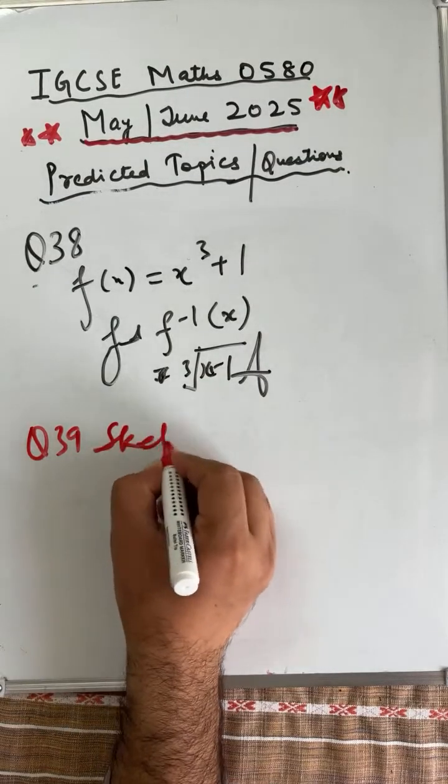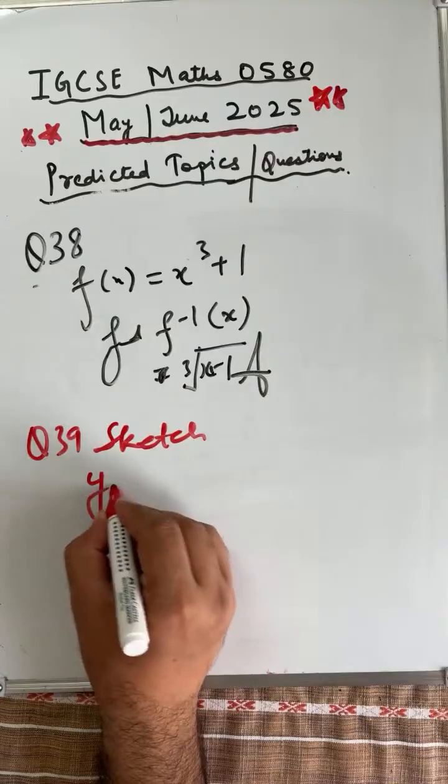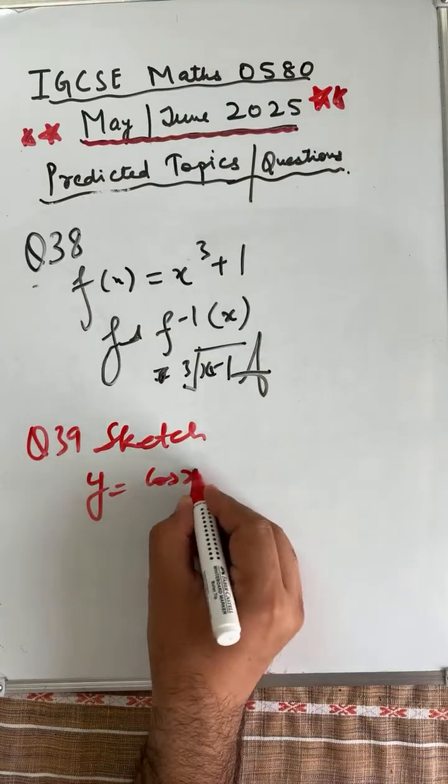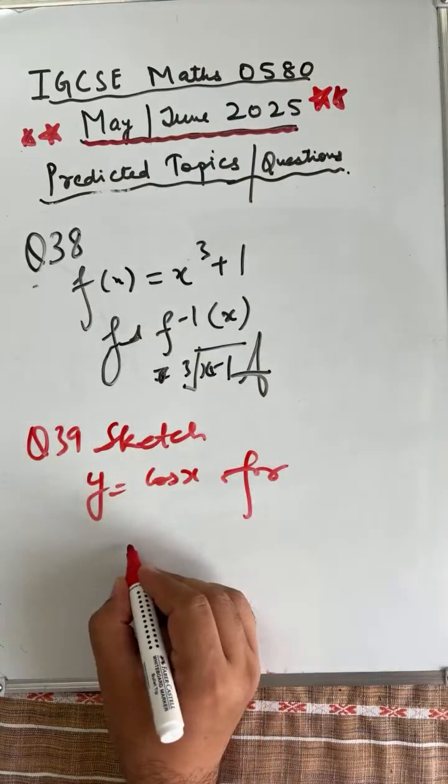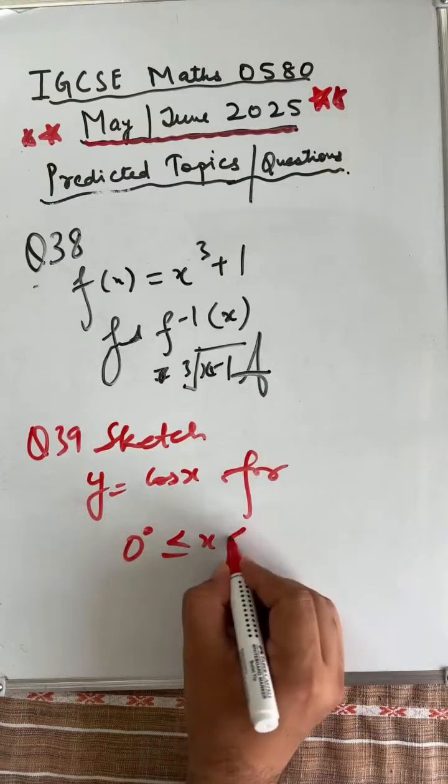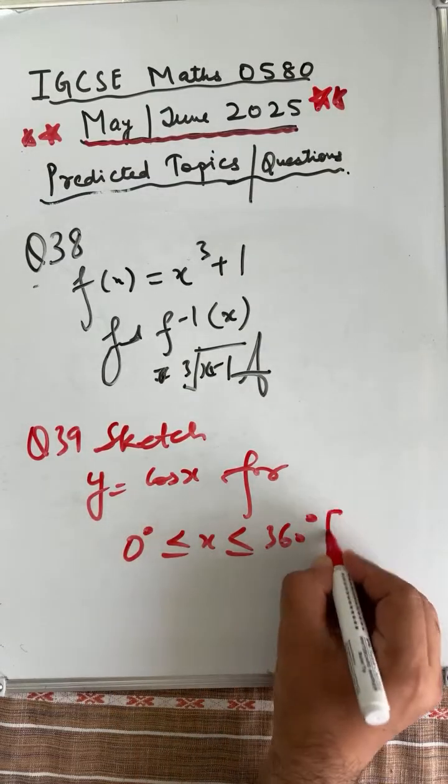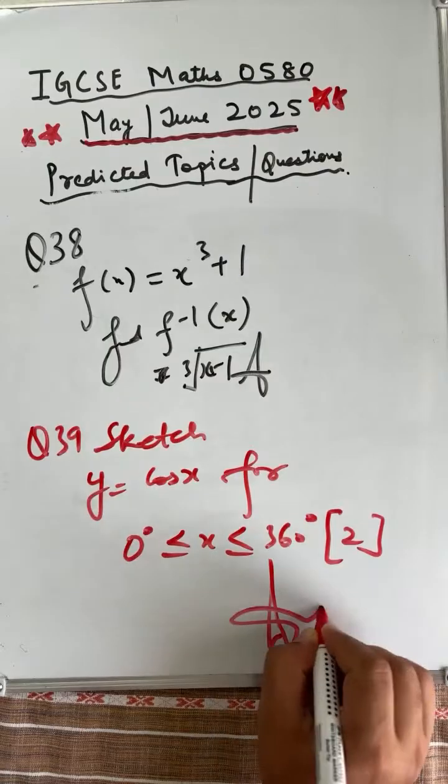Question number 39. Sketch y is equal to cos x for 0 less than or equal to x less than or equal to 360 degrees. This is of 2 marks.